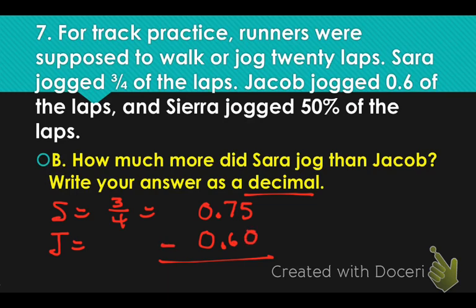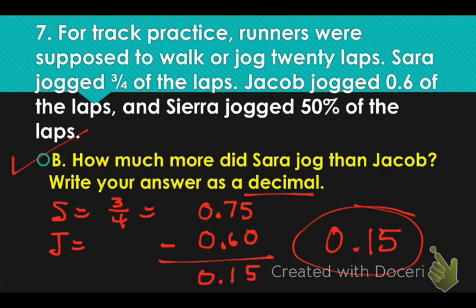We need a placeholder 0, and we're going to subtract, and, oops, not 2. 7 minus 6 is not 2, but 1, and our decimal, 15 hundredths. So if you had that as your answer, you got it right. If not, you're pausing the video. You know what to do. Write it down.